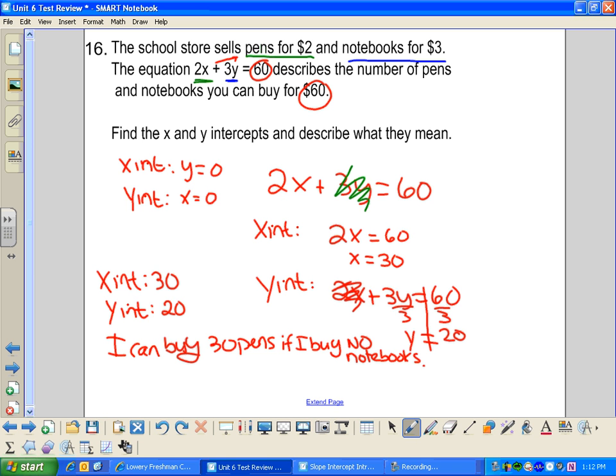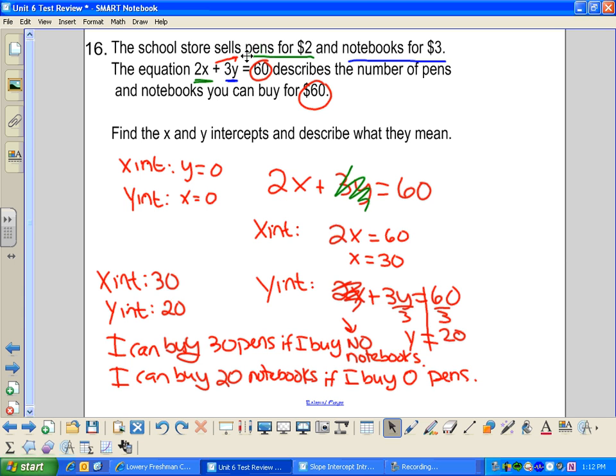It's where y, which is the number of notebooks, equals 0. I can buy 20 notebooks if I buy no, or 0, pens. That's what those intercepts represent.